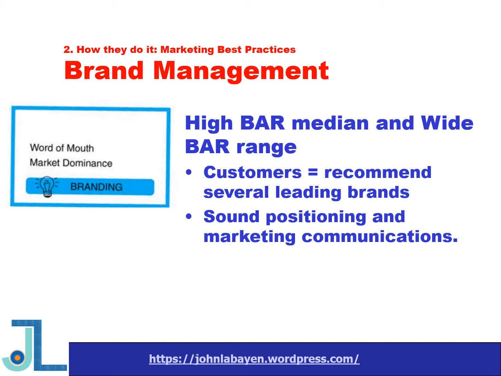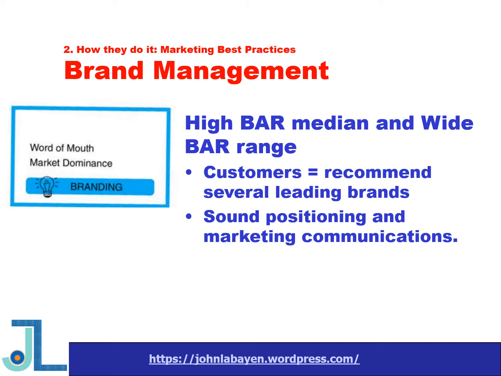This specific group has a high BAR median as well as wide BAR range. This means that customers are generally willing to recommend several leading brands. Also, in this group, the key success factor is developing sound positioning and executing it through marketing communications.